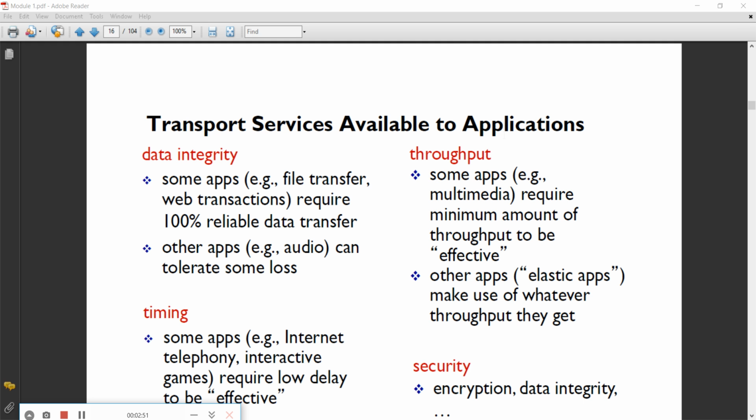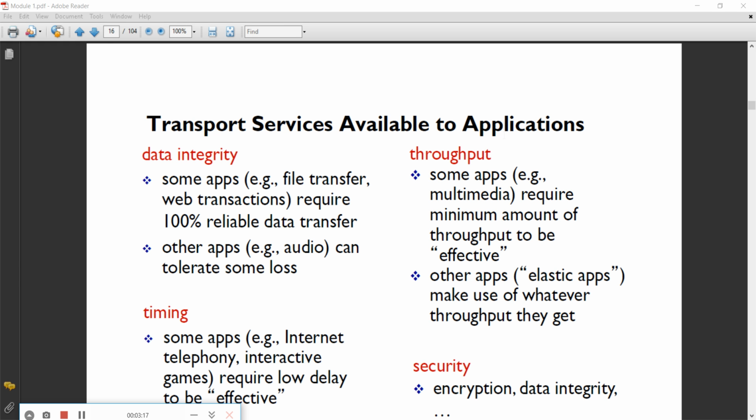The instantaneous throughput at any instant of time is the rate in bits per second at which host B is receiving the file. A transport layer protocol could provide guaranteed available throughput at some specified rate.